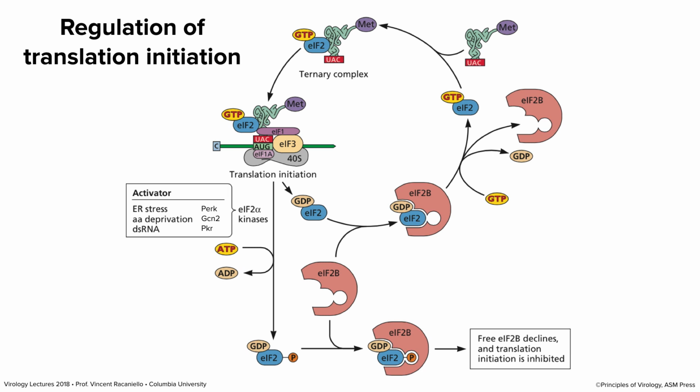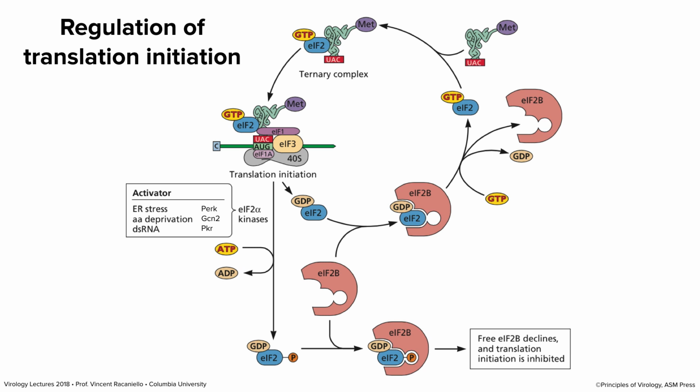This would then bind the EIF2B protein in order for the GDP to be exchanged, but the problem is GDP can't get out of this complex. You end up sequestering all the free EIF2B in the cell, because again, the phosphorylation of EIF2 makes this complex bind so tightly to EIF2B that it's never recycled. So you bring down levels of EIF2B, you can't recycle GDP anymore, and you inhibit translation.